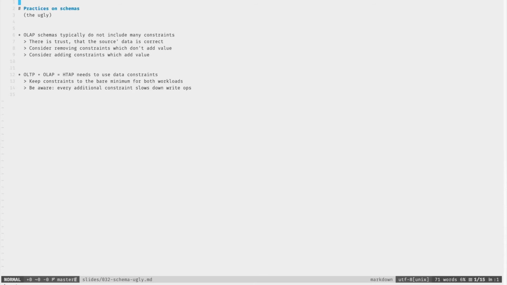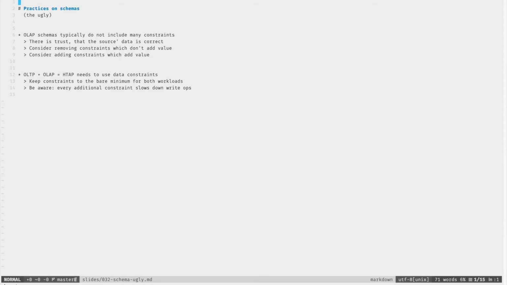So there they are absolutely necessary, and you don't want to strip them away. However, again, and this is now where this kind of ugliness comes in, you want to try to remove certain constraints, again, if they don't bring you any value. So only keep the really necessary ones.